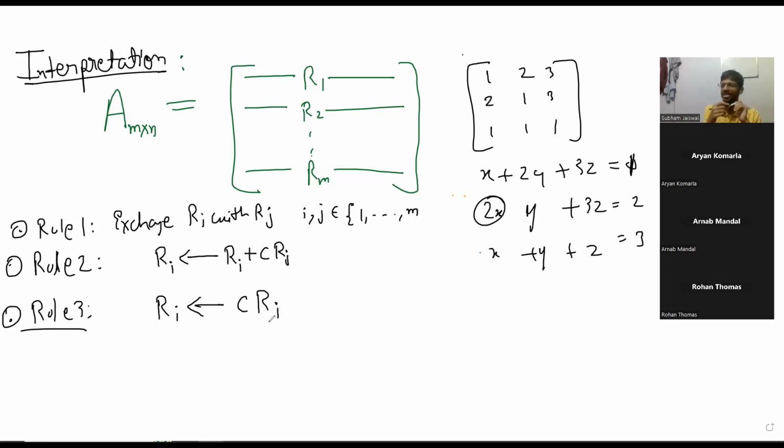Probably this one is unnecessary, it feels, but you can call that. So you multiply a row with a constant, and the entire row has to change. So these are the three rules, and I will say here that C is non-zero.